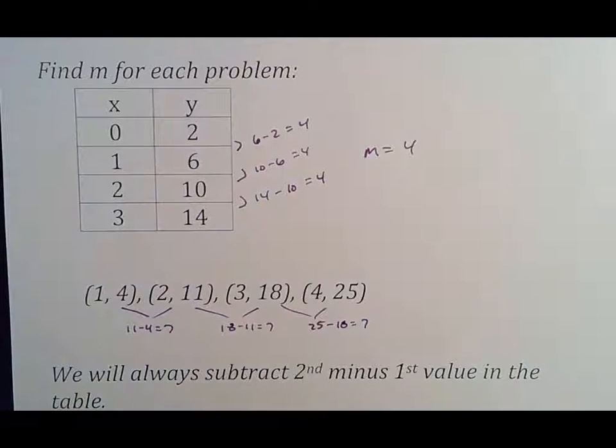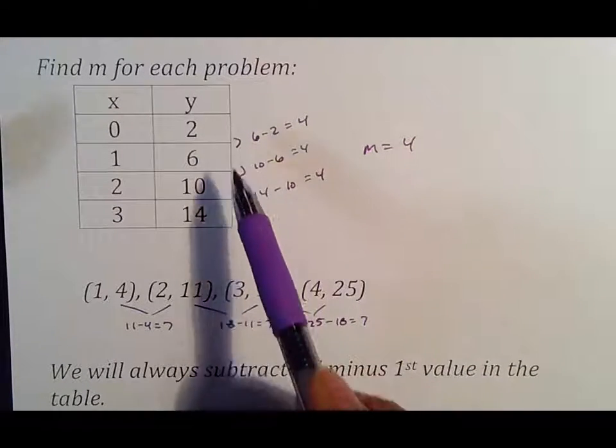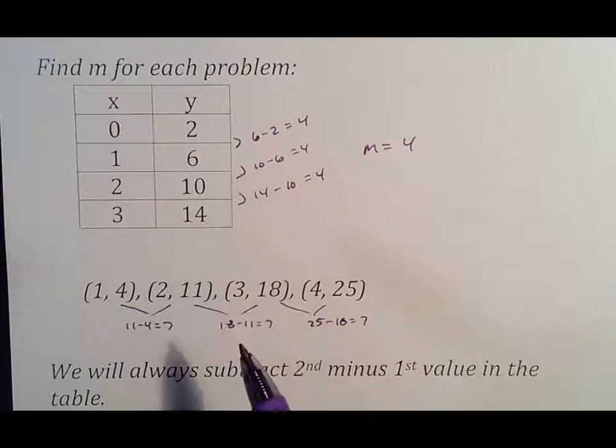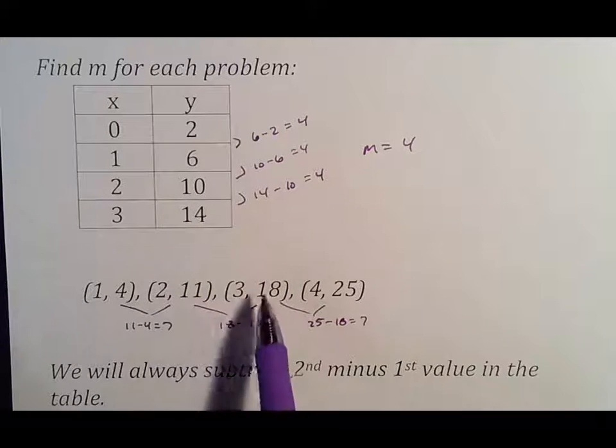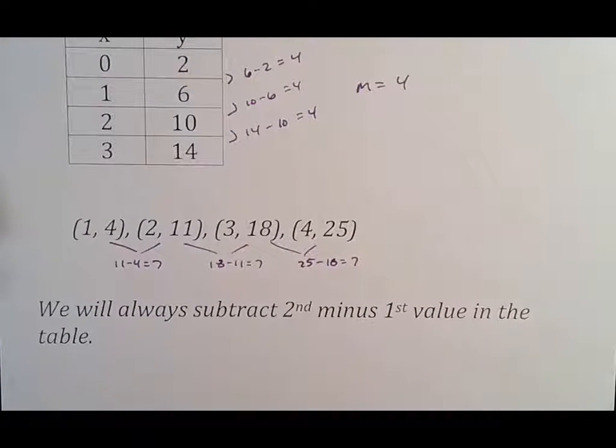This is where me and my favorite students, which is being sarcastic, will disagree. Somebody's going to say, well, 2 minus 6 is negative 4, but notice I did second minus first, second minus first, second minus first. That's for a reason. We will always do second minus first because it gives me the actual rate of change.